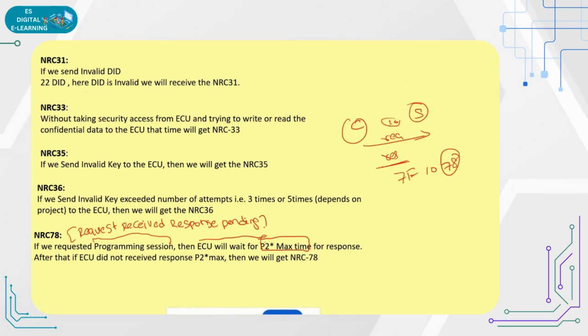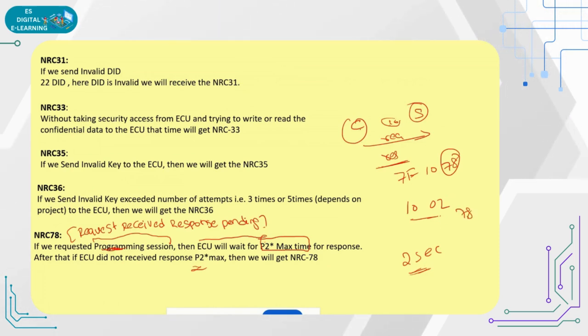If we are entering into a programming session, like 10 02, or any session, the ECU will wait for P2 star max time for the response. After that, if the ECU does not get the response within the 2 seconds, then you will get a 78.